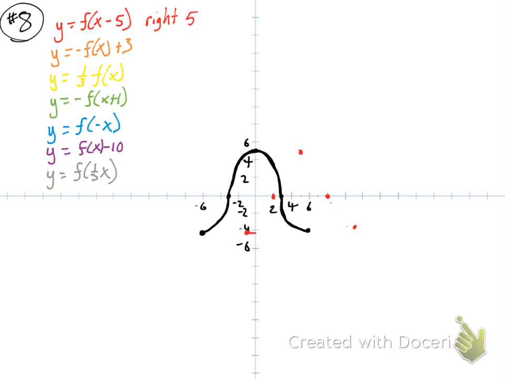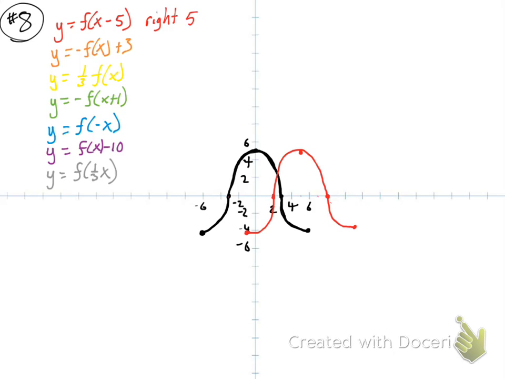And so now I have this new function over here that is exactly the same as my first function, just shifted 5 to the right. Maybe not quite as pretty, but you understand the same idea, right? Let me try to do a little bit better job. There. Okay?